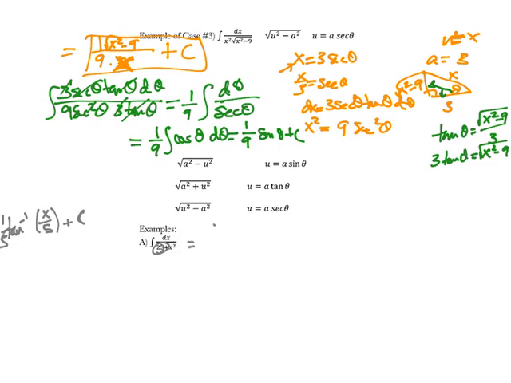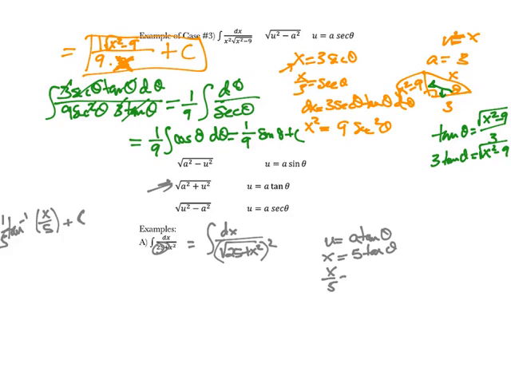So this integral could actually be written as dx over the square root of 25 plus x squared, squared. That puts it in the form a squared plus u squared, so u is a tangent theta. Well, a is 5, u is x, so x is 5 tangent theta.